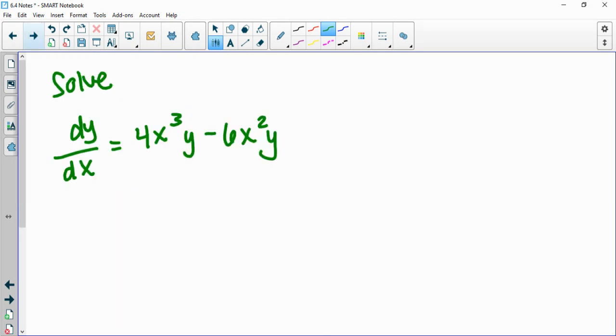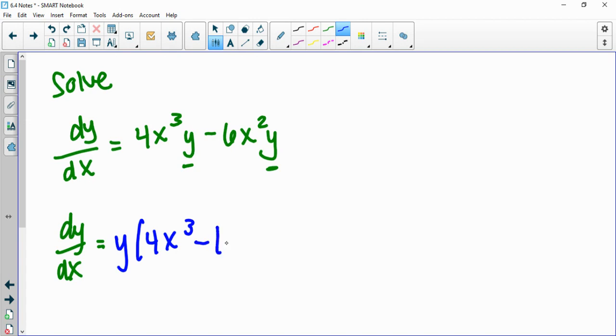This is the next one we're going to do. And when you look at it, you're like, hold on, that's not two things multiplied. So before we start, both of these terms have a y in them. So before we start, I'm going to recopy dy dx equals, and I'm going to factor a y out of everything. So this is y times 4x cubed minus 6x squared.